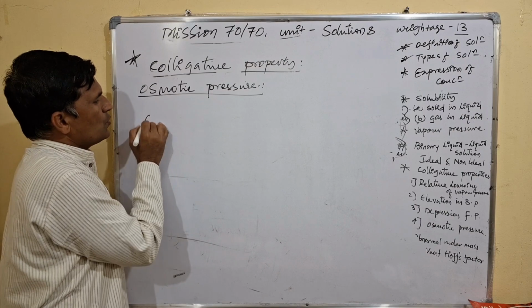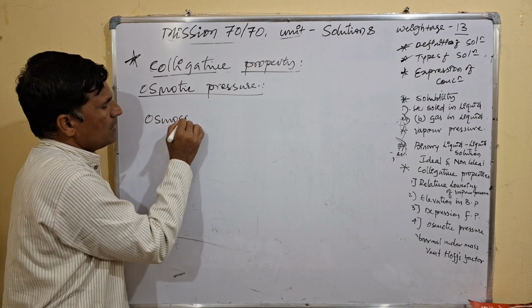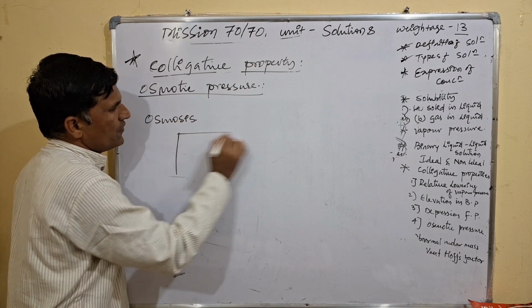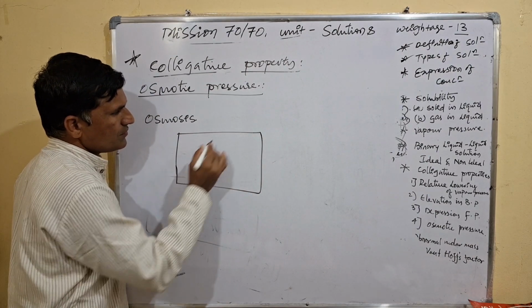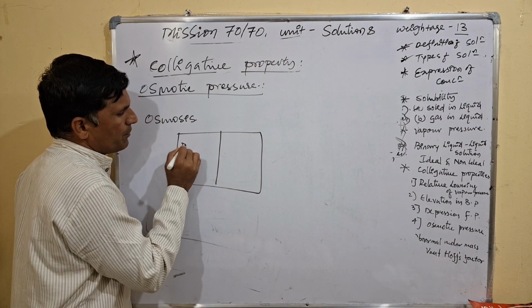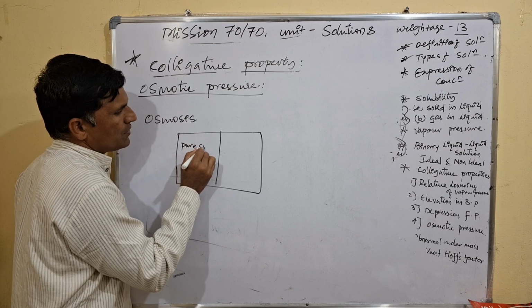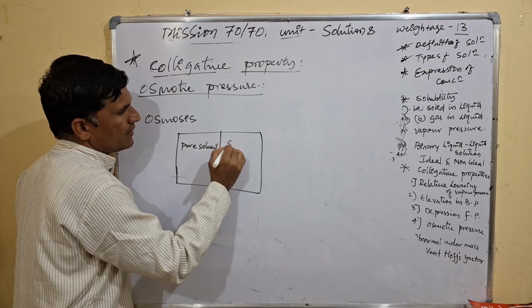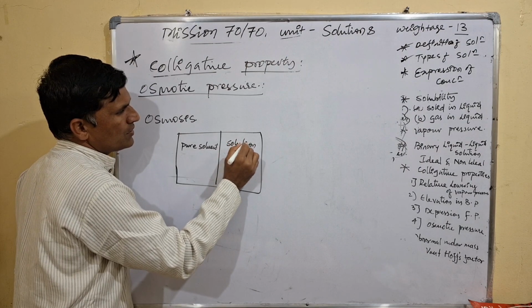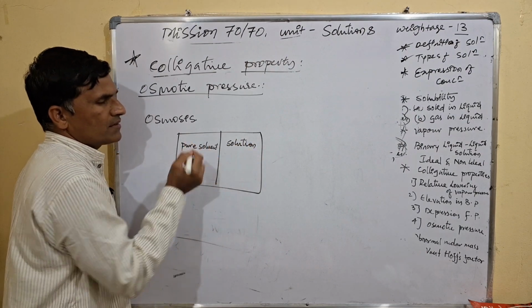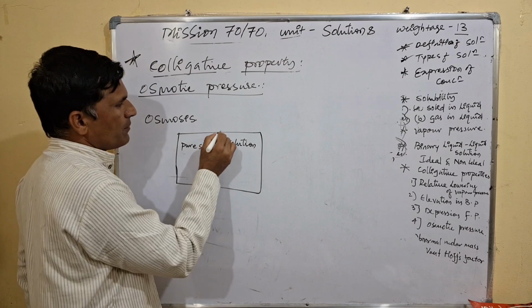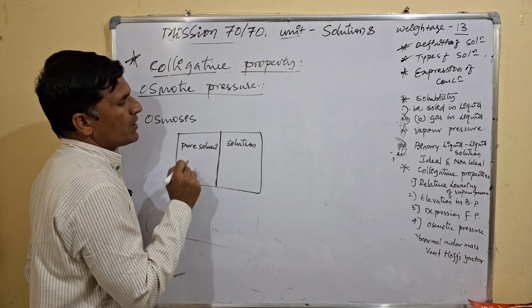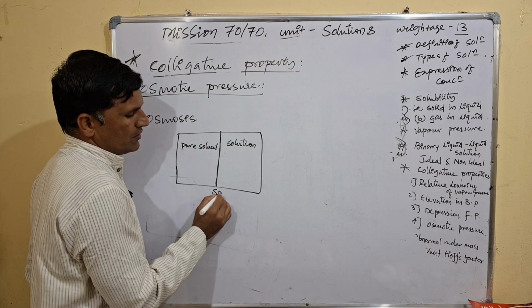See, what is osmosis? Let us clear this one. If you take pure solvent or liquid on one side, and on the other side any solution containing the same solvent, and you separate them with a semi-permeable membrane, which we call what?